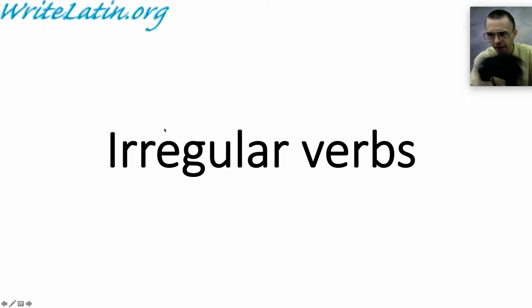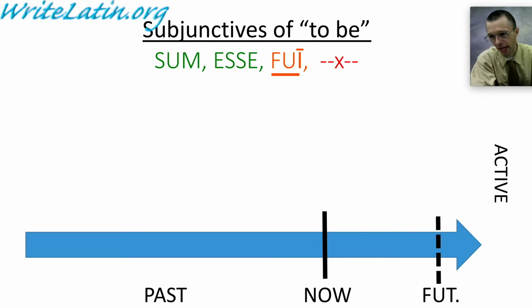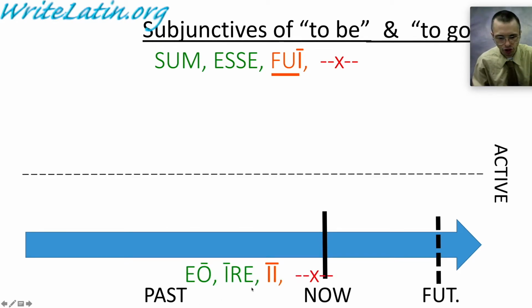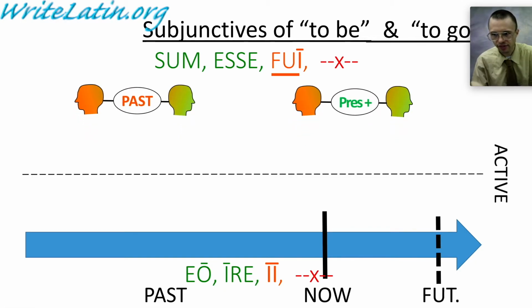All right, and then the last thing in this part of the video is irregular verbs. The verb "to be" and the verb "to go." And these do not have a passive, because you can't say "I was beed" or "I was goned." No, no, no. So they only have active. And we have the principal parts of "go" down at the bottom here now. In our 4 tenses, these are going to follow the expected patterns except in the present forward-looking subjunctive.